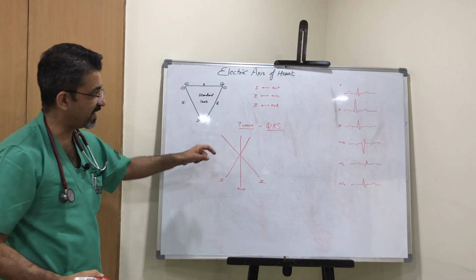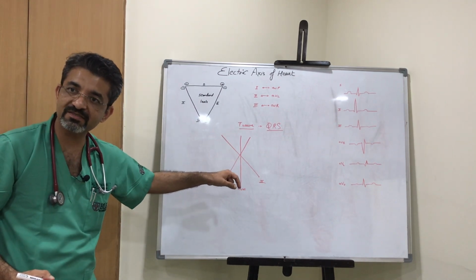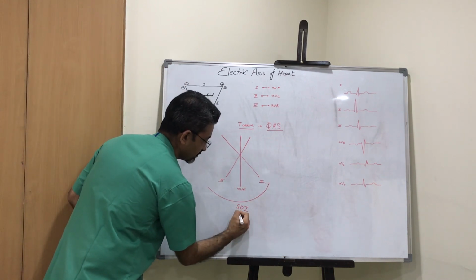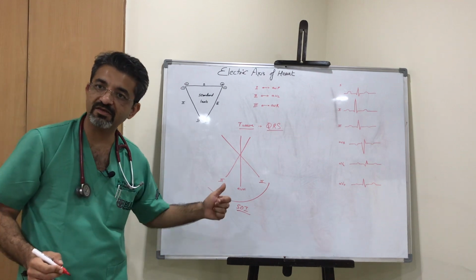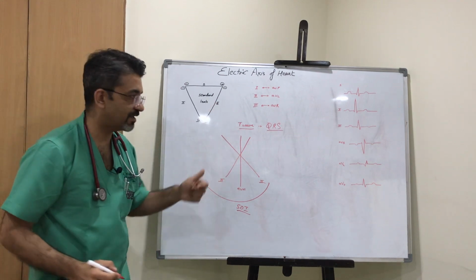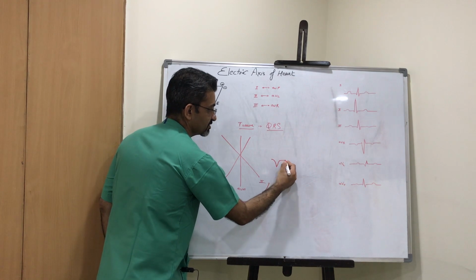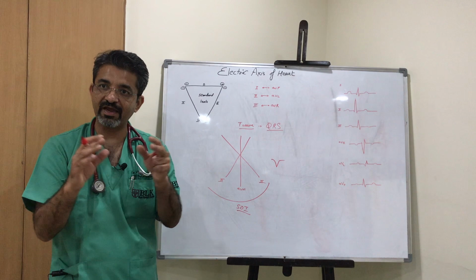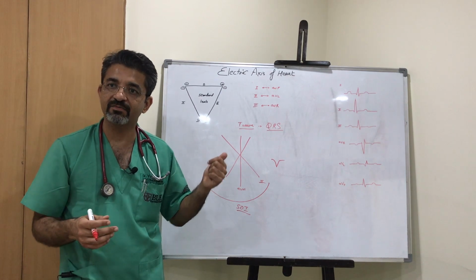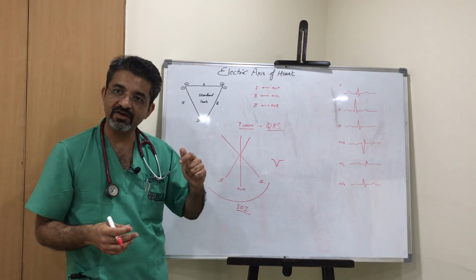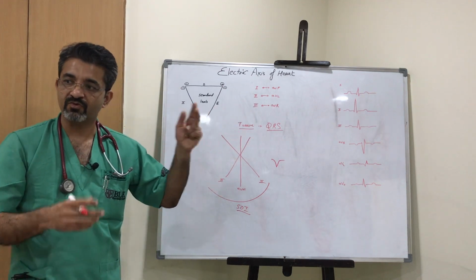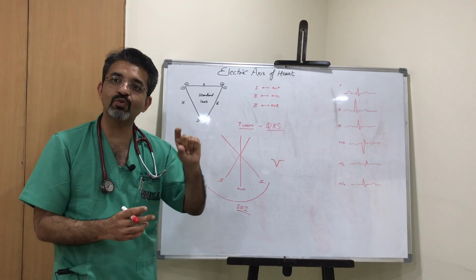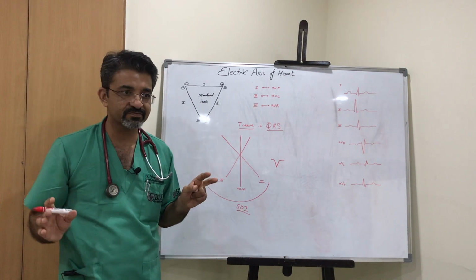My current will start traveling away from the site of injury, the inferior wall. Current is traveling away, so what will happen? T wave inversion occurs. So this is the principle. You have T wave inversion at the site of injury or ischemia. Why? Because the T wave electrical axis travels away from the site of injury. QRS travels away from the site of injury. ST travels towards the site of injury. Is it clear?